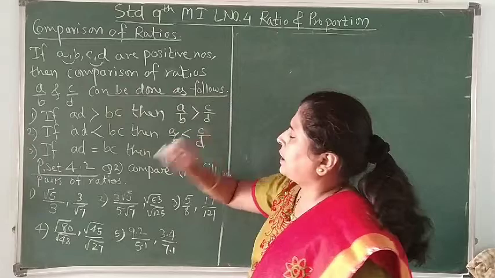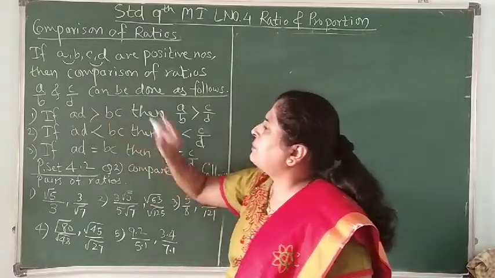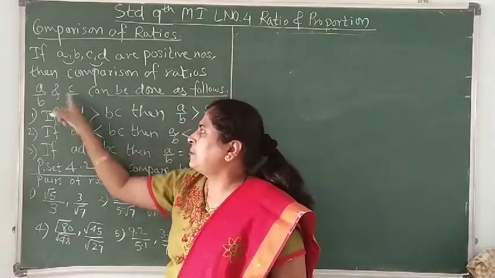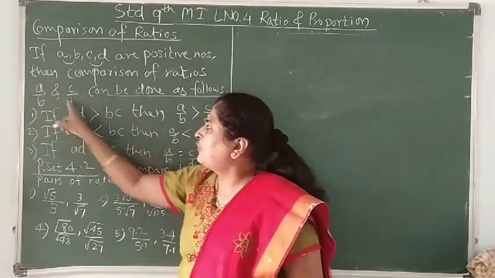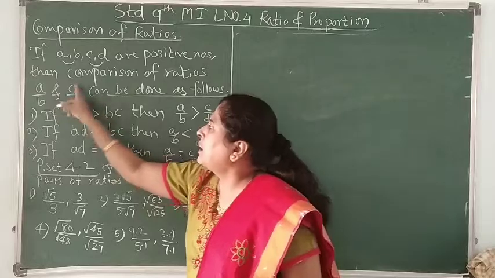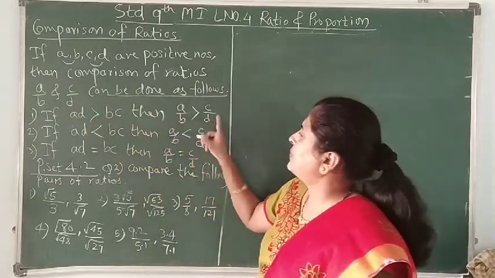If AD is bigger than BC, where AD means cross multiplication, A into D, and the other is B into C, so if the first product AD is bigger than BC, then the first ratio is bigger than the second ratio.